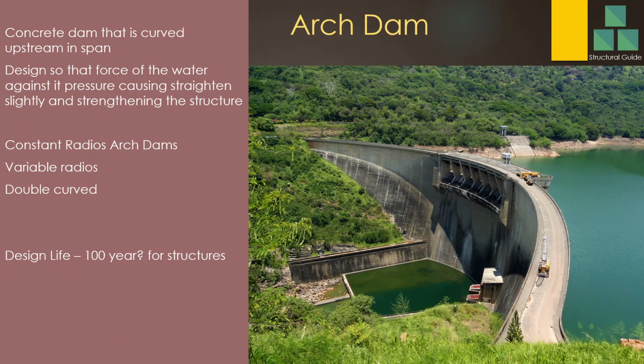Arch dam. As you can see in the figure, this is a curved dam. The shape is an arch shape, that's why it's called an arch dam. This is a concrete dam and it has a curve in the upstream direction, designed so that the water pressure on the dam acts against it to straighten the dam, and that stabilizes the dam.